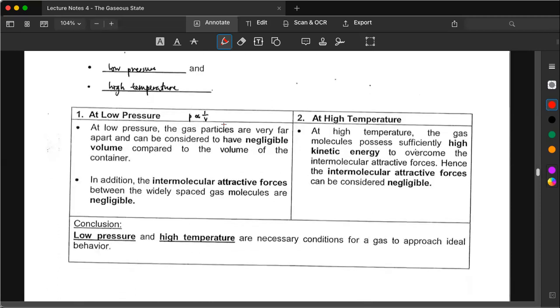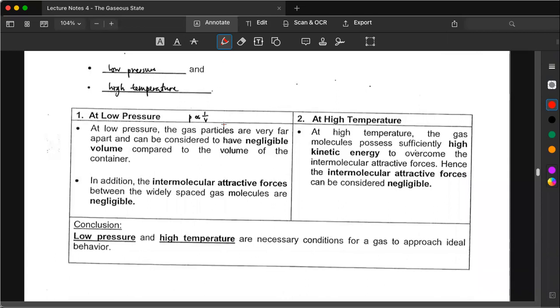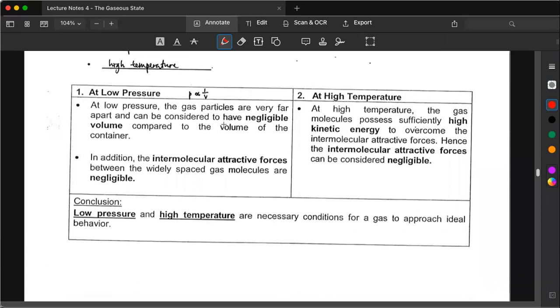So how do you explain how low pressure and high temperature allow the gas to approach ideality? At low pressure, the gas particles are very far apart, so they can be considered to have negligible volume compared to the volume of the container.